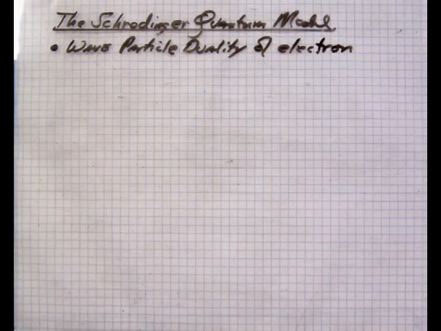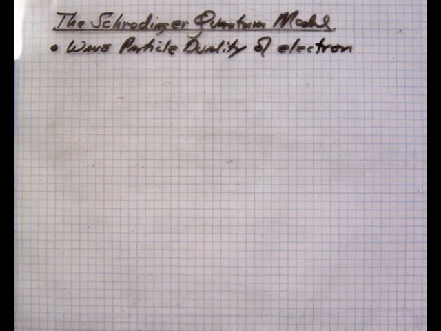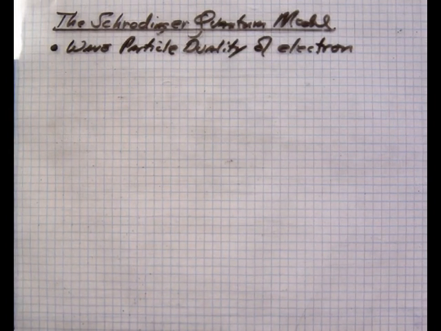That is, it can function both as a particle in motion, or it can function as a wave, because it acts like a wave when at that size and speed.